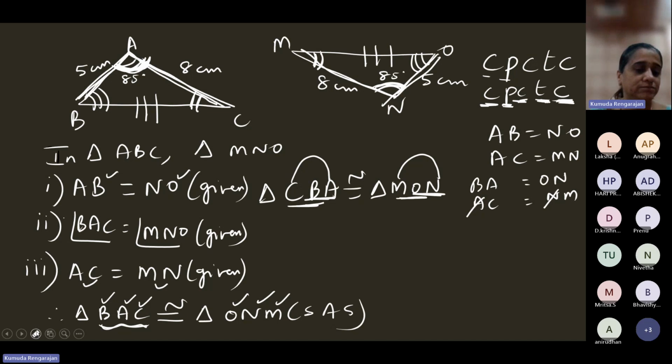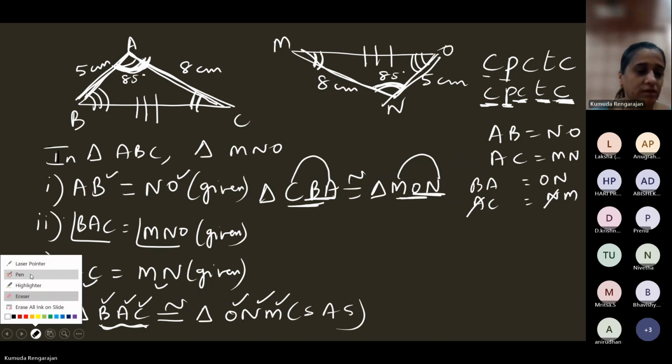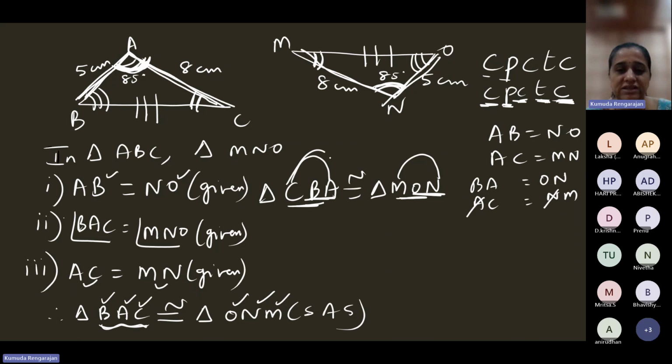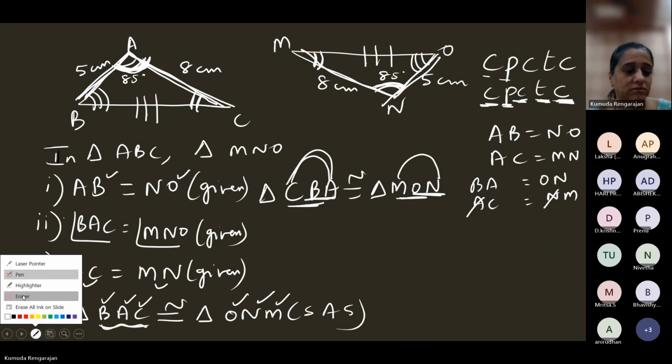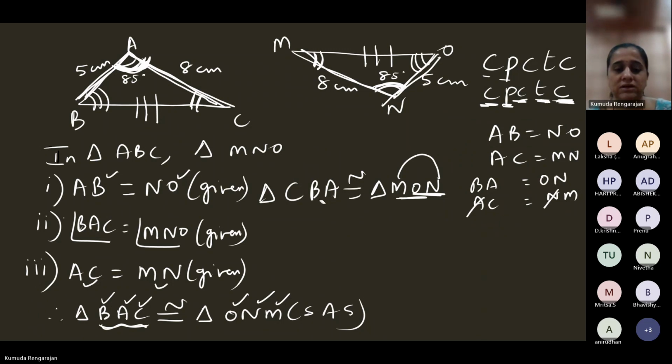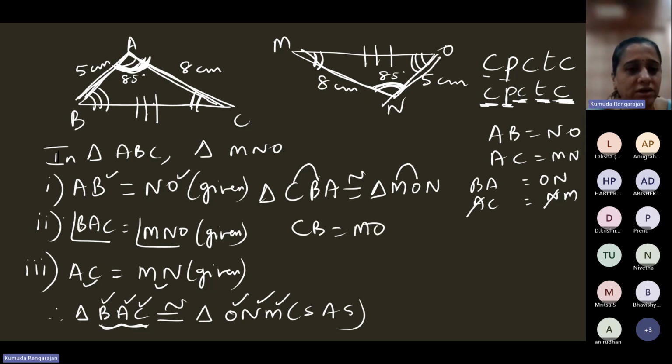So in our example, if you write CB is equal to MO, it's not given that CB is equal to MO. But we have proved that the triangles are congruent. So now CB is equal to MO. What is the reason you will write? CPCT.